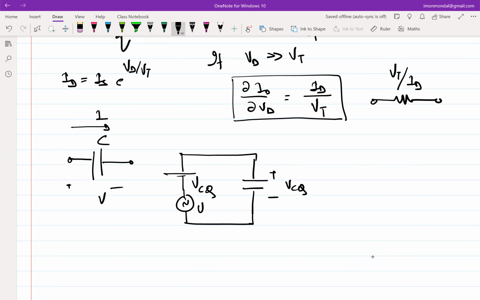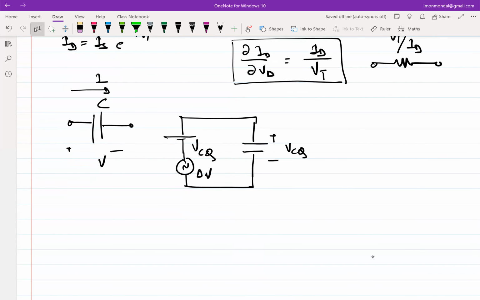And I have an incremental voltage delta V. Okay. So what is the governing condition for I and V in a capacitor? Yeah, right. So I is equal to C dV dt. Great.